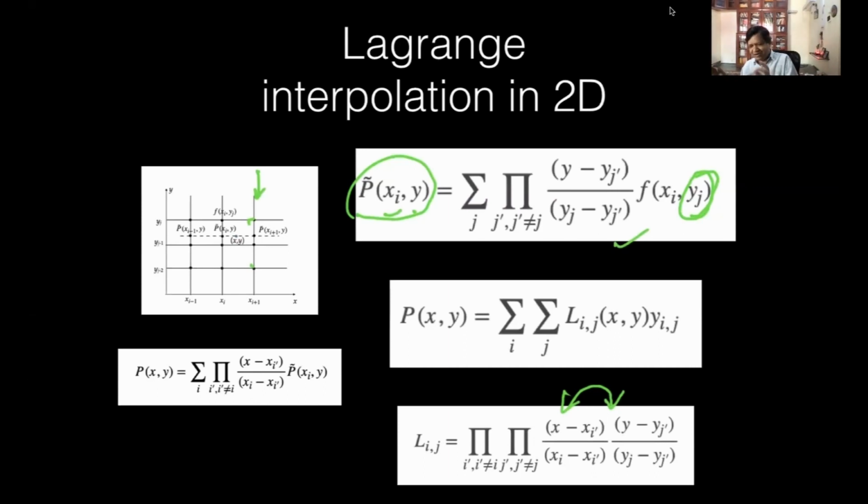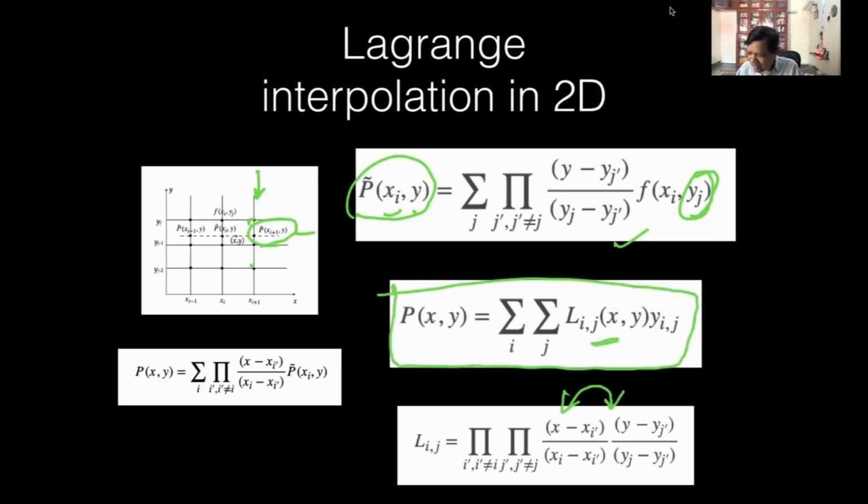I told this in a hurried manner, but we can easily see that. So we go first along the x direction, but not at yi's, but at y's. But then we estimate these by going along the y direction. So basically the polynomial I construct is this.